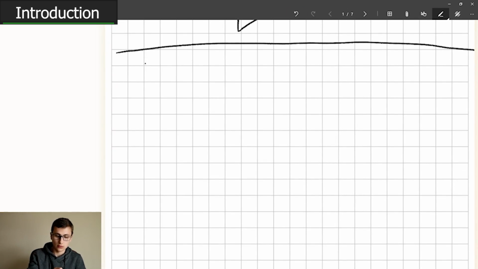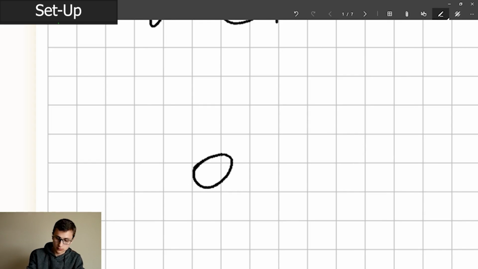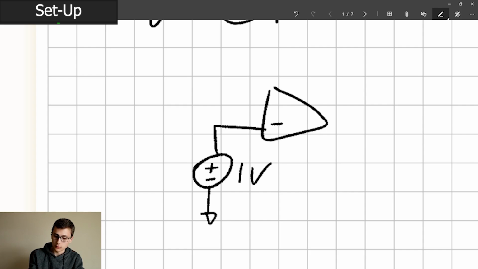So let's consider this circuit. We have a very simple ideal voltage reference. This is going to be set to 1 volt. We're going to bring that into our negative terminal.